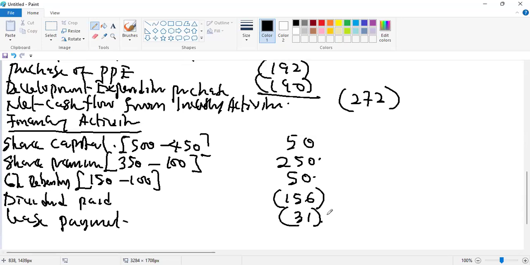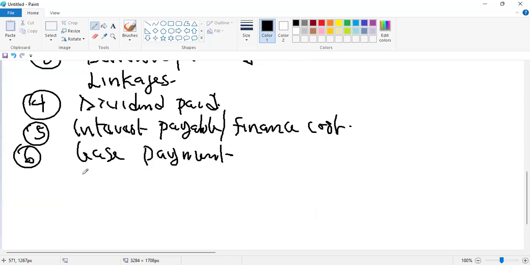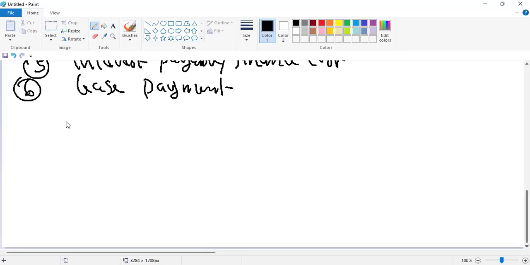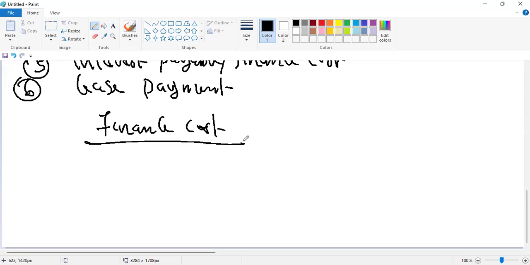Then finance costs. It needs to be adjusted, because the question says the debenture interest by issue of shares.